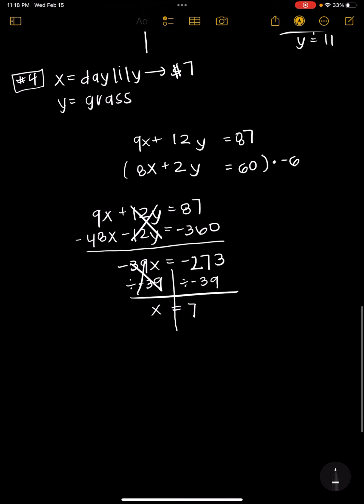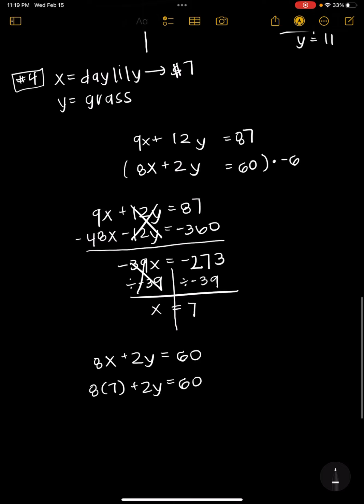All right, now we want to find the price of the grass. To find the price of the grass, I'm going to use one of my original equations. I'm going to use the bottom one this time. 8x plus 2y is equal to 60, but now I know x is 7, so I'm going to replace the x with 7 and then solve for the y. So I've got 8 times 7 right here, which is 56.